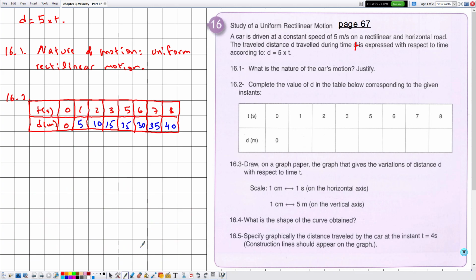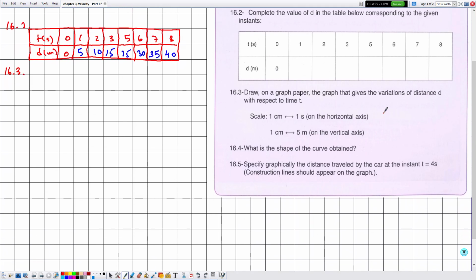Now in 16.3, we are asked to draw on a graph paper the graph that gives the variation of distance d with respect to time t. So first let's represent the axes.